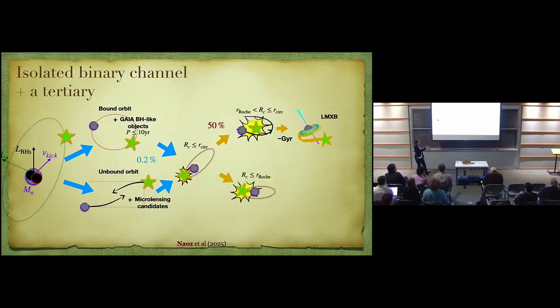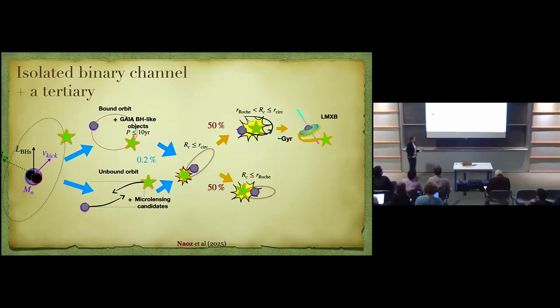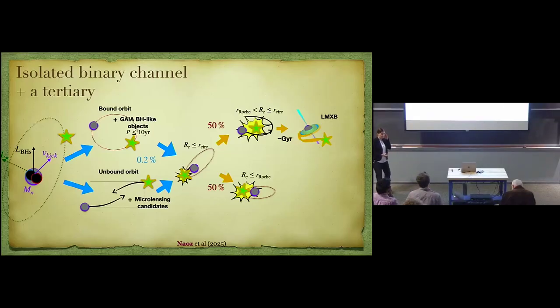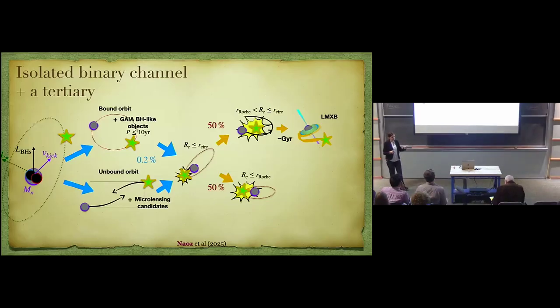In the other 50% of cases, we found that the pericenter passage is so small that it crosses the Roche limit. Here we expect something similar to a micro tidal disruption event.